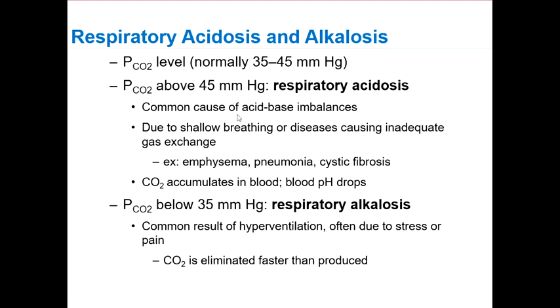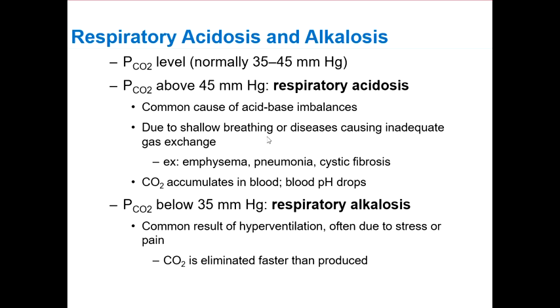A common cause of acid-base imbalances is respiratory acidosis: shallow breathing, or any disease causing inadequate gas exchange, like COPDs, like emphysema, pneumonia. Those cause breathing problems. Cystic fibrosis causes respiratory problems. So whenever you can't exchange gases, we can't eliminate carbon dioxide.